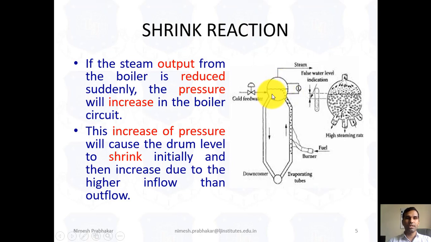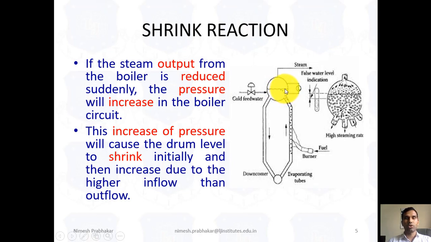So due to this increase in pressure, the drum level shrinks initially and then increases due to the higher inflow than the outflow. So this effect is known as the shrinking effect or the reduction effect. In this, the water level appears reduced.